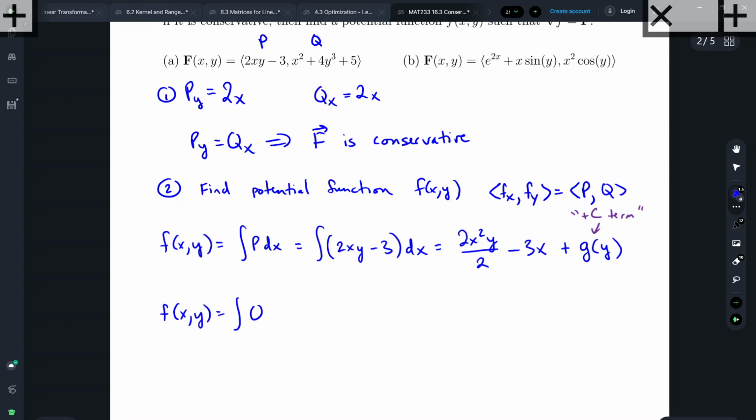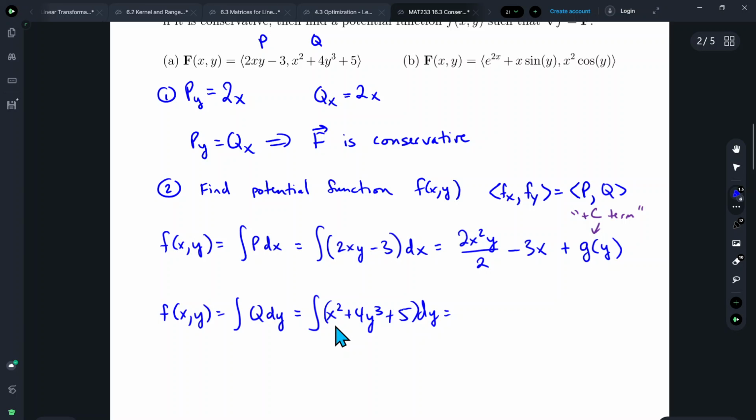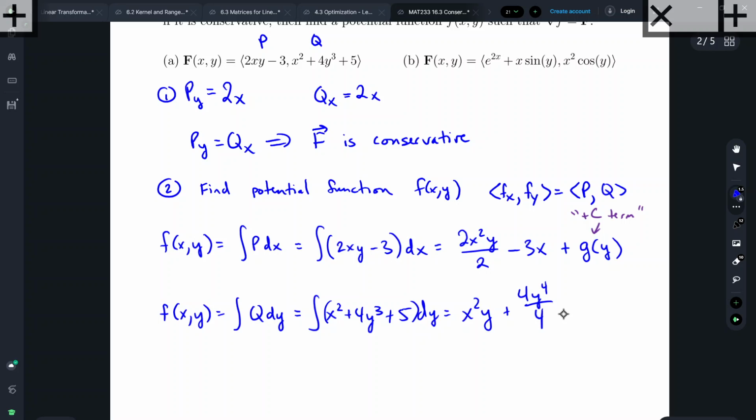Okay, so now let's do that. So we integrate q with respect to y. So what is q? Q was x squared plus 4y cubed plus 5. We're integrating with respect to y, so we're thinking of x as being constant. So the antiderivative of x squared would be x squared times y. The antiderivative of 4y cubed would be 4y to the 4th over 4.